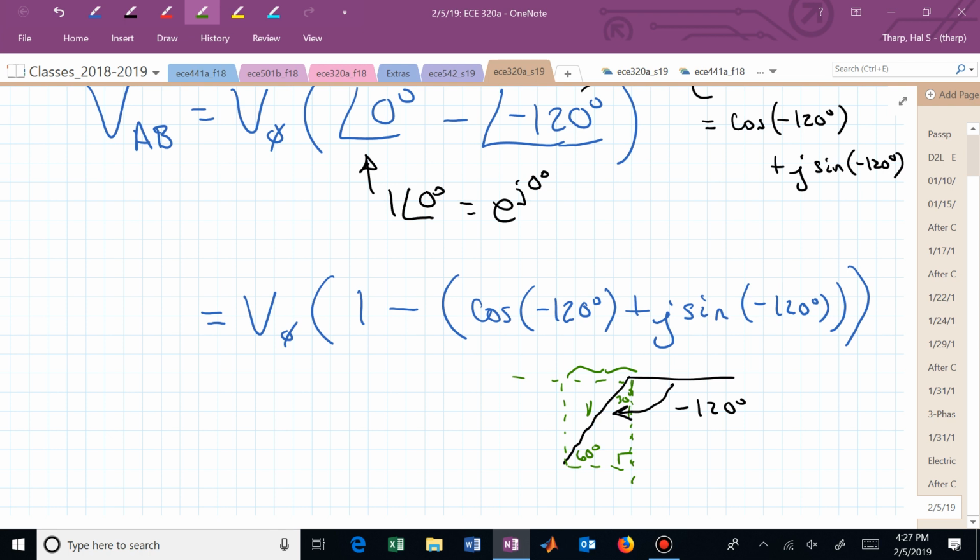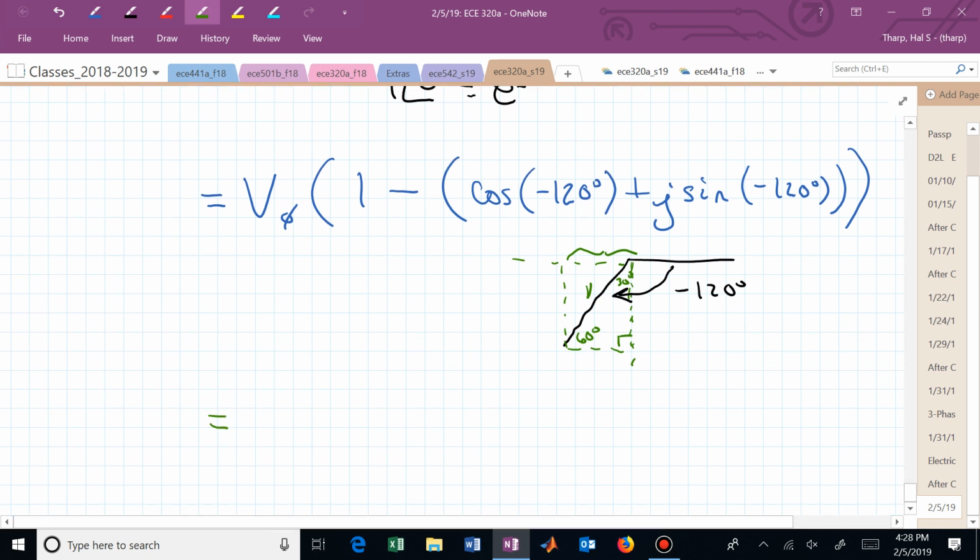So if this is now the cosine of minus 120, it's minus 1/2. What's the sine of minus 120? What's this length? Just pull out Pythagoras, right? A squared plus b squared is c squared, and c squared is 1. This is 1/2. That's actually the square root of 3 over 2. Just doing the Pythagorean theorem. So we now have all of this information available to us. We now know that v sub phi is now 1 minus a minus 1/2.